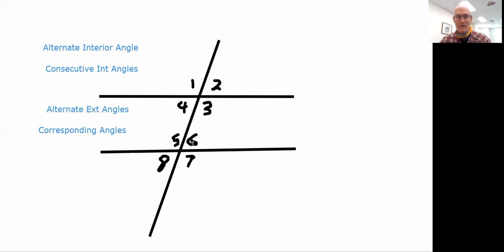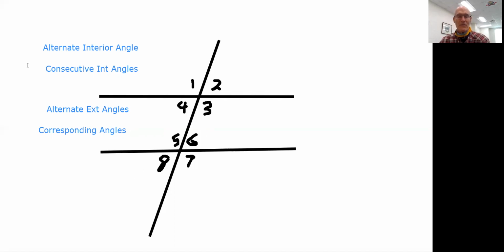So 2 and 6 are corresponding, 3 and 7 are corresponding, 1 and 5 are corresponding, and 4 and 8 are corresponding. So today what we did is we did some proofs. Now we are given in a postulate that the corresponding angles are congruent. So we know that 2 and 6 are congruent, 3 and 7 are congruent, 1 and 5 are congruent, and then 4 and 8 are congruent.